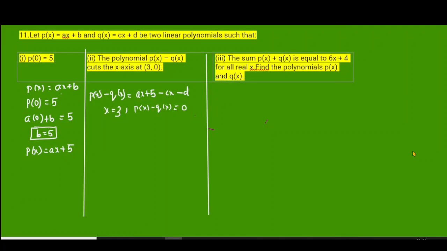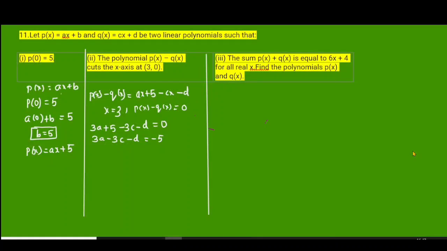So replace that. x is equal to 3 means 3a plus 5 minus 3c minus d is equal to 0. So 3a minus 3c minus d is equal to minus 5. Let it be. Look at the third subdivision.